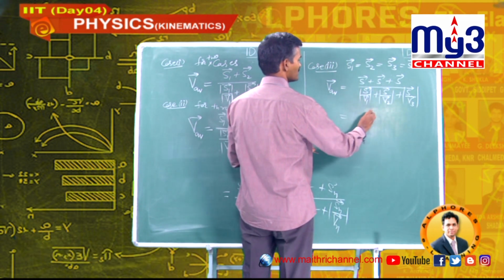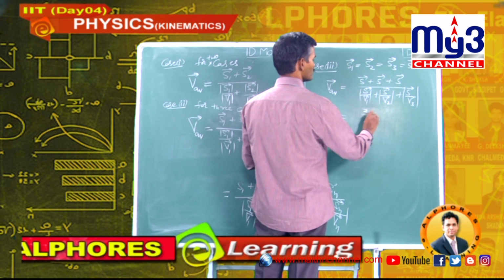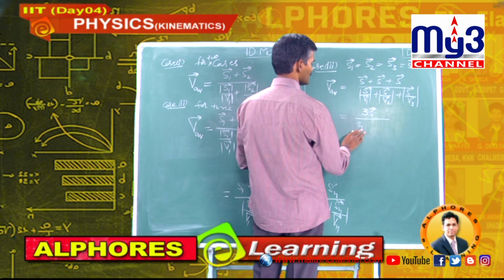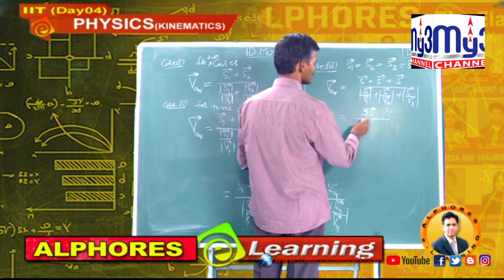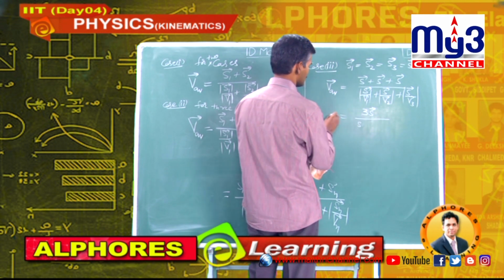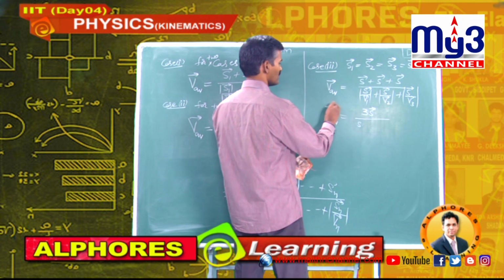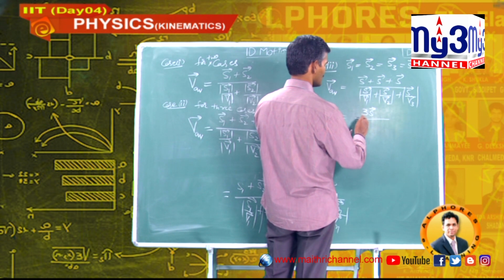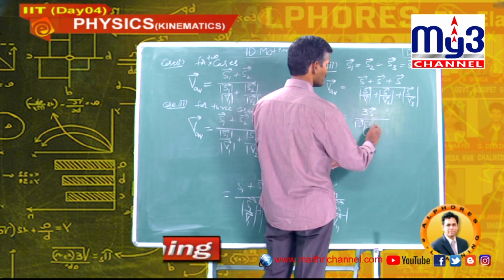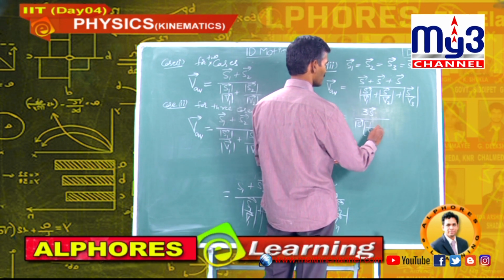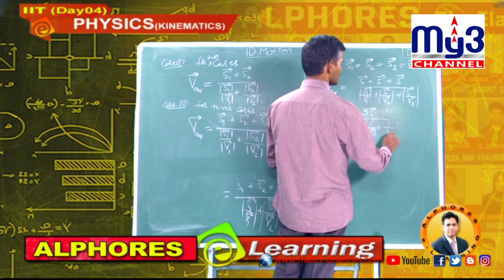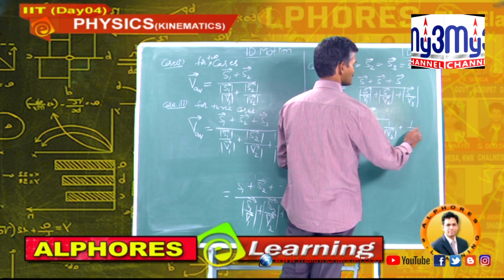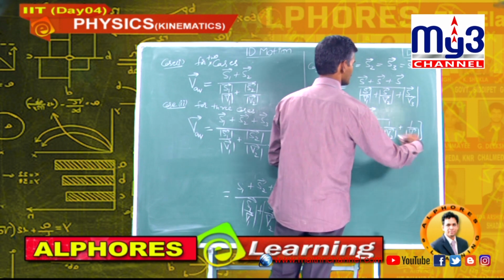On taking common, this is 3 into S bar by mod S bar, taking S bar common, 1 by V1 bar mod plus 1 by V2 bar mod plus 1 by V3 bar mod, right.